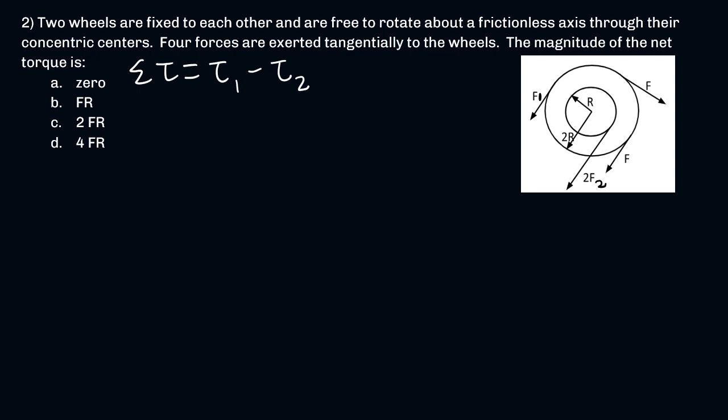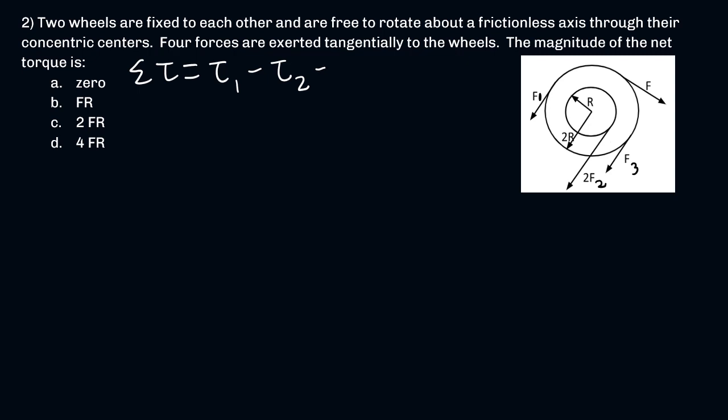Same thing now for torque number 3, the force directly next to it, that F, that is 2R away from the center there, is going to be F3 here. That is also going to turn my wheel in a clockwise direction, so we are going to have a negative torque 3 as well.